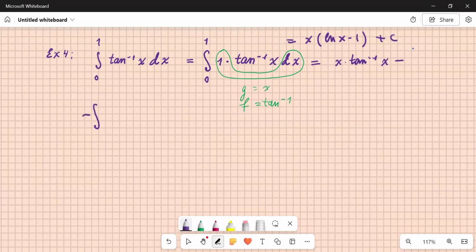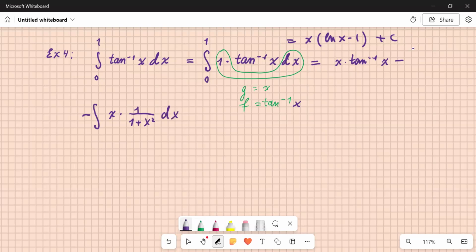And subtract the integral. So now we are going to copy function g, which is x, and differentiate our function f, the function which was not differentiated under the first integral. Remember that the derivative of tangent inverse is 1 over 1 plus x squared.